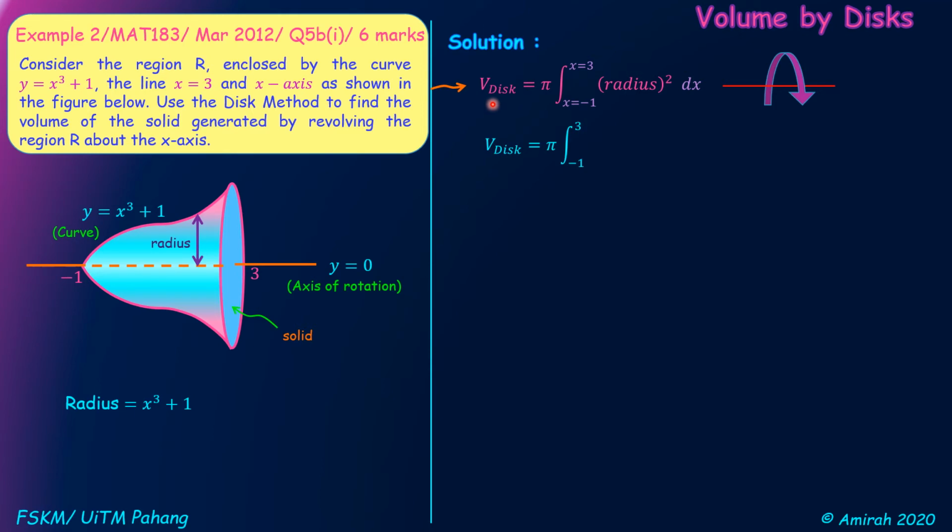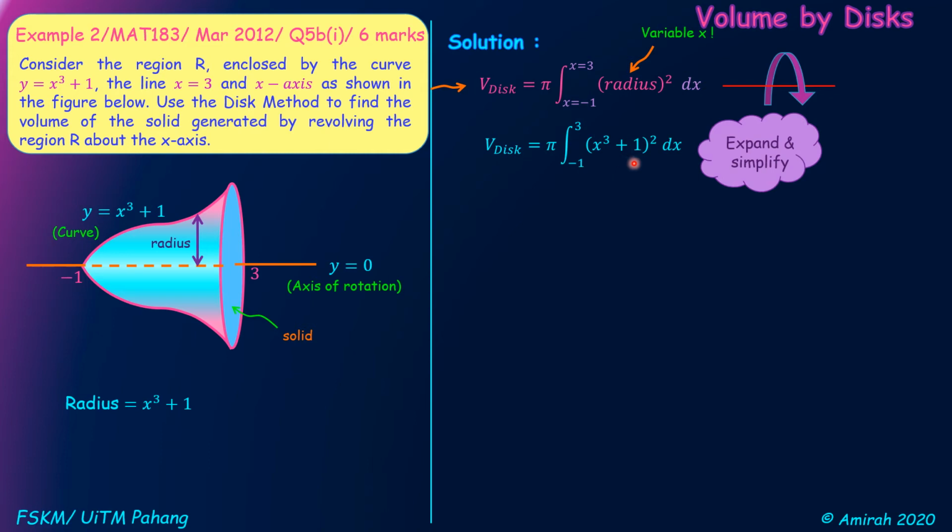So volume by disk equals pi, integration from -1 to 3, and then we replace the radius, bracket x cubed plus 1 squared dx. The radius needs to be written in terms of variable x, because the axis of rotation is a horizontal line. All must be in terms of variable x, and the limits must be values on the x-axis.